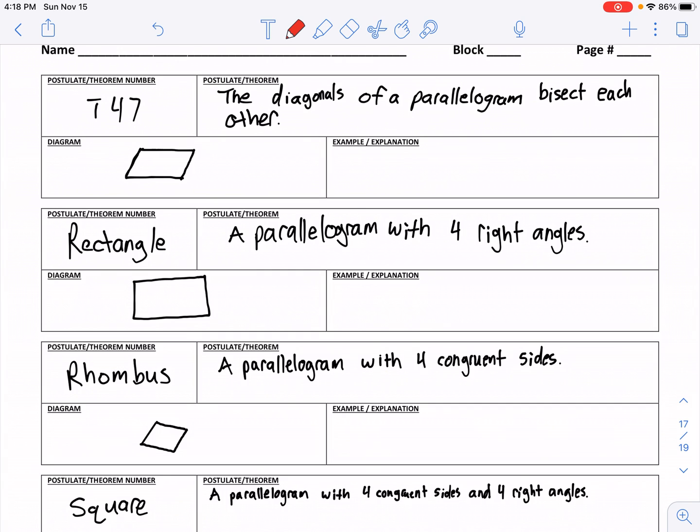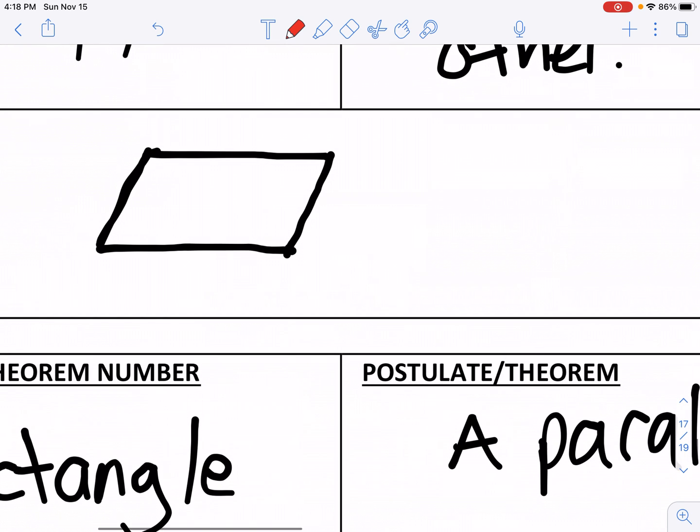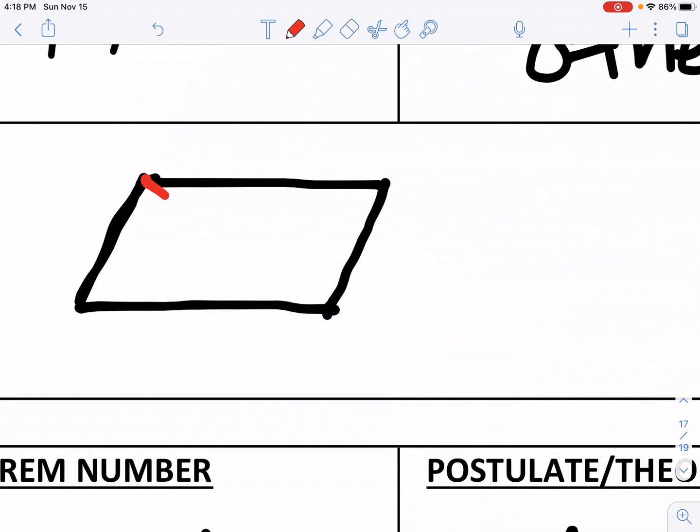T47: the diagonals of a parallelogram bisect each other. Remember, when we bisect something, it means cutting it in half. So the diagonals of my parallelogram, they're not very straight, but they bisect each other.